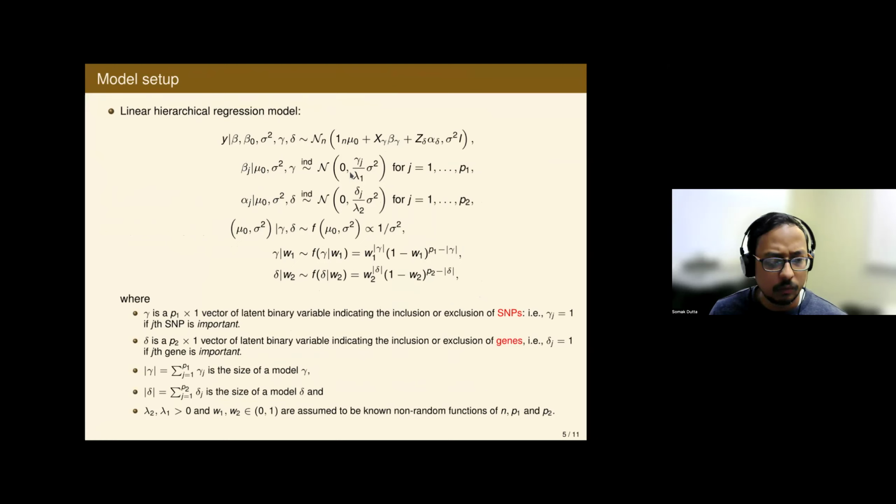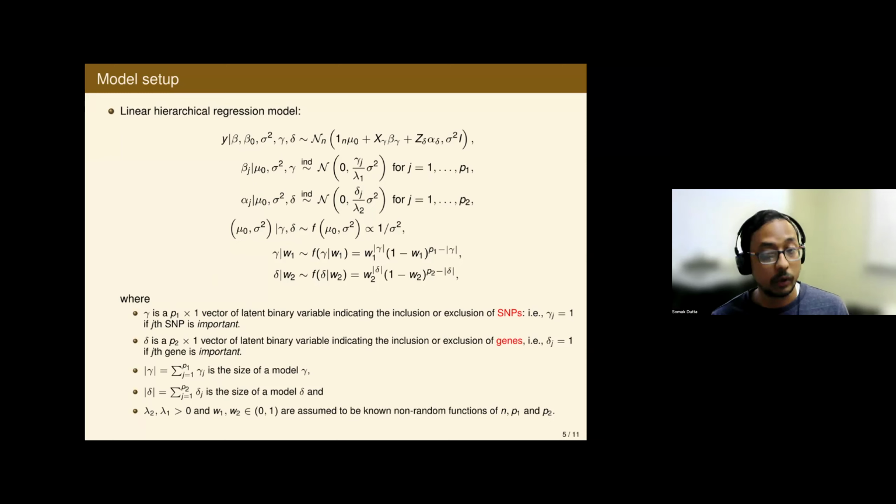Now, if the gene is important, then the model says that the effect is Gaussian, normally distributed with a non-zero variance. It's shrunk a little bit, but not too much. On the other hand, if the SNP is not important, let's say gamma j is 0, then the effect of that particular SNP is shrunk to exactly 0. That's how the effect sizes of the SNPs and the genes are incorporated in the model.